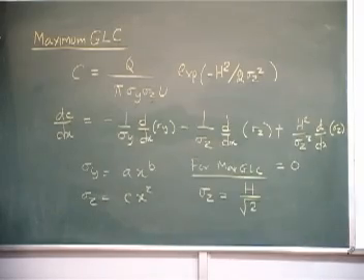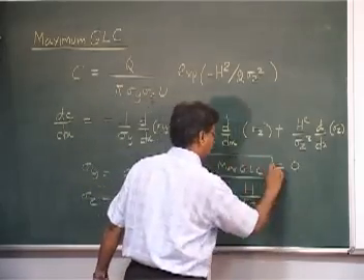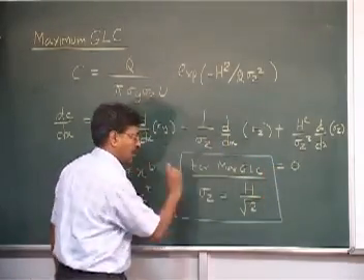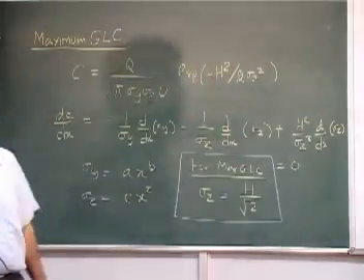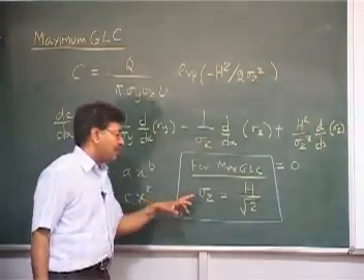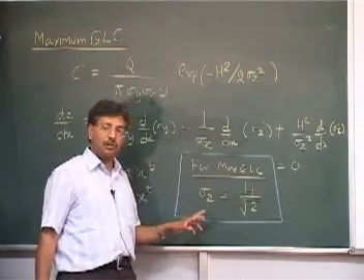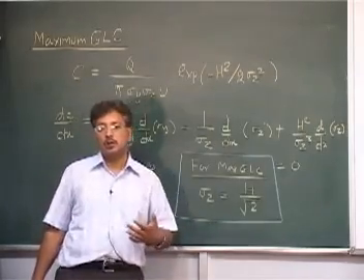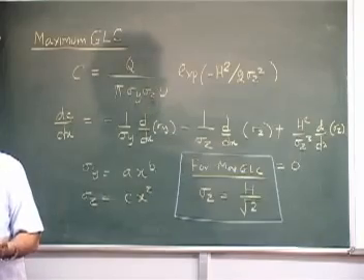I am giving you the final answer, to save time. But when sigma z equals h by square root 2, that is where you will get the maximum concentration. Okay.